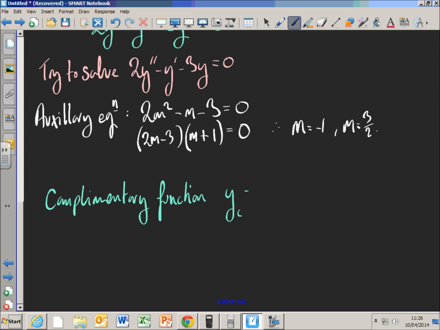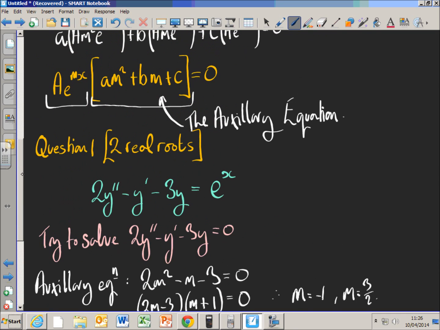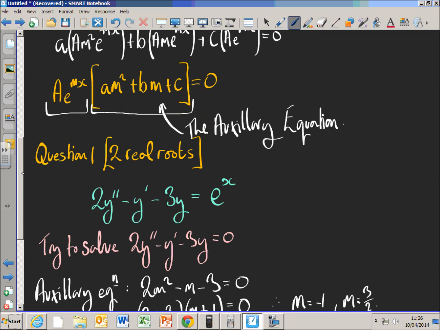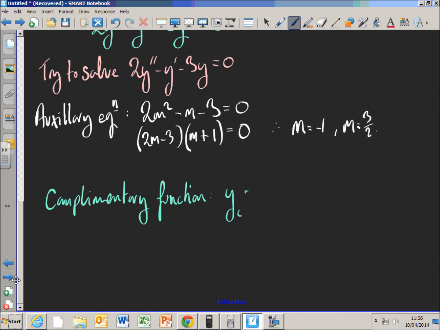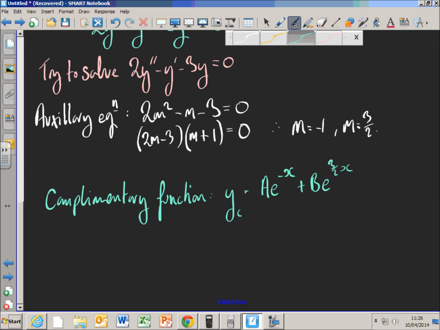I've got my m values. What did I say y was when I did it with the a, b and c up here? Yeah, I should have 2 constants: a e to the minus x plus b e to the 3 over 2 x. And that's the complementary function. Everyone happy with that? And now we're going to try and solve the whole thing.